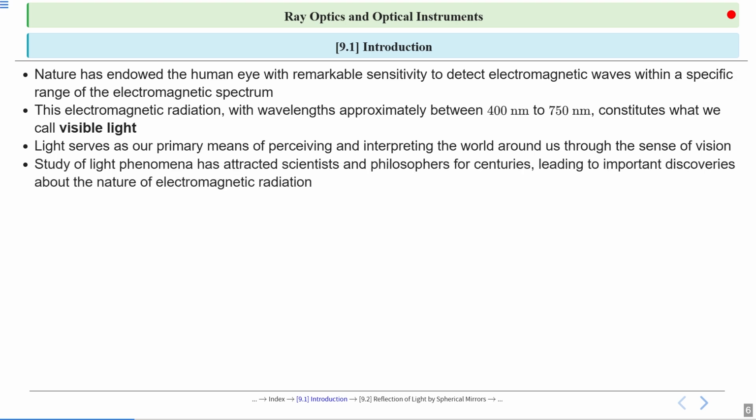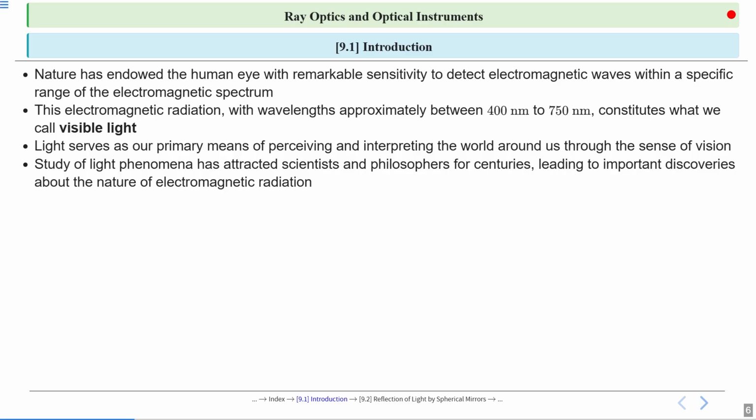The study of light phenomena has attracted scientists and philosophers for centuries. Light has been in the world from the beginning; without light nothing is possible. So we study light, what its properties are, to develop various optical instruments.